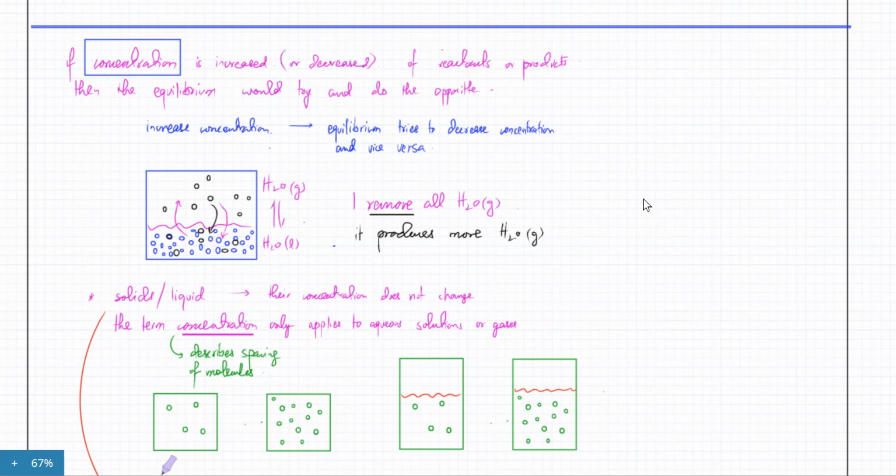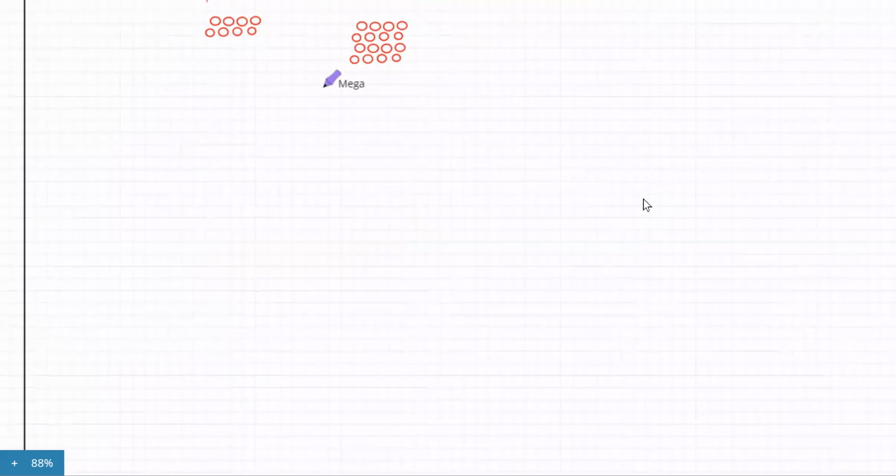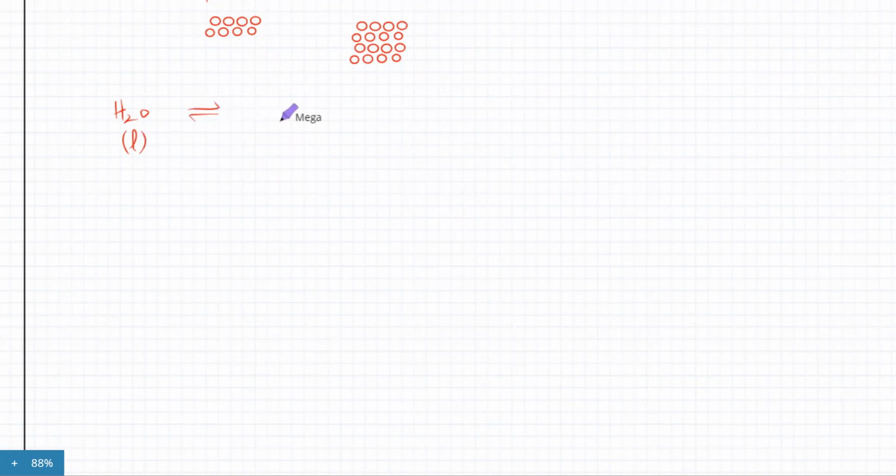For example, I've got a reaction, and that reaction is a reversible reaction. So here's an example. Got water, which is liquid, in equilibrium with H2 and O2, which are gases. Let's say they are in equilibrium somehow. Let's say it's a made-up equilibrium.